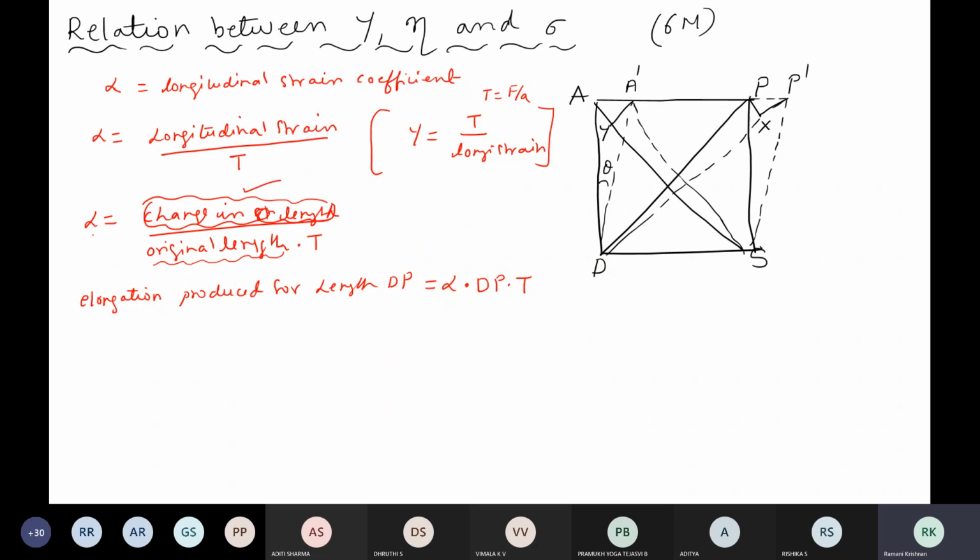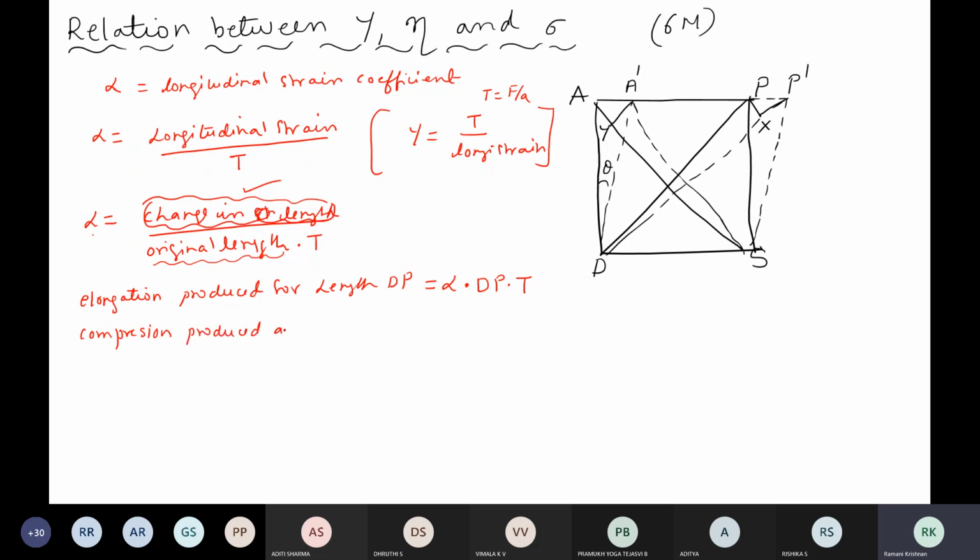So, right, students. Elongation produced for the length dp is alpha dot dp dot t. In the same way, what is the compression produced? This elongation produced is due to the elongation stress.